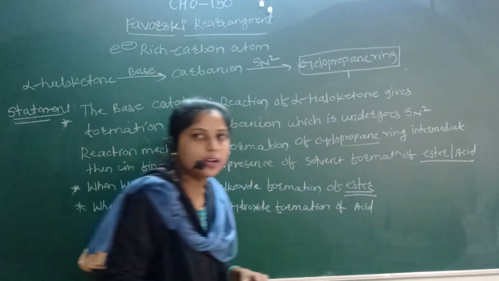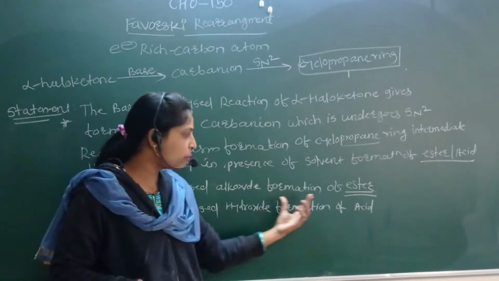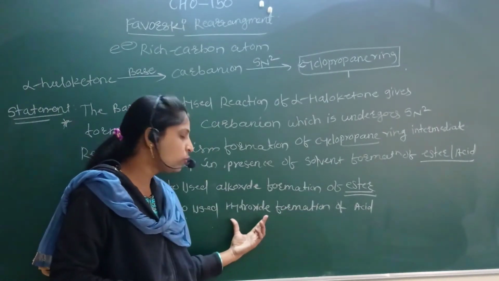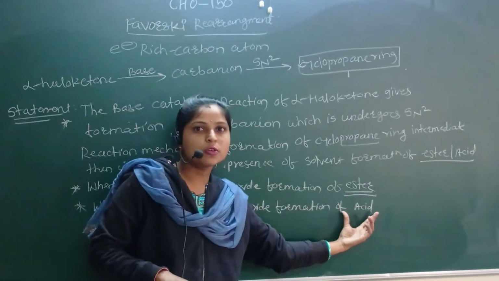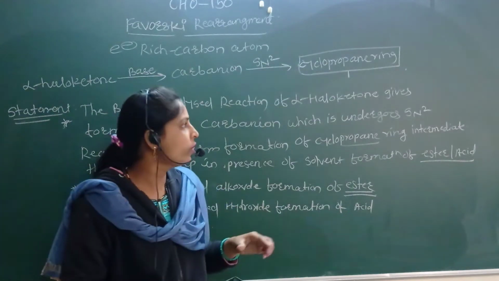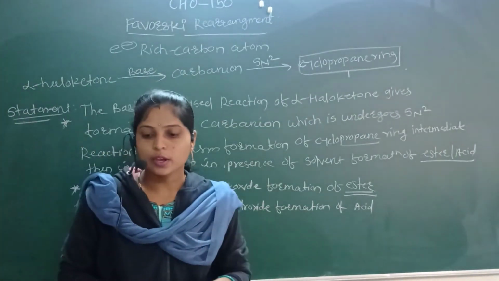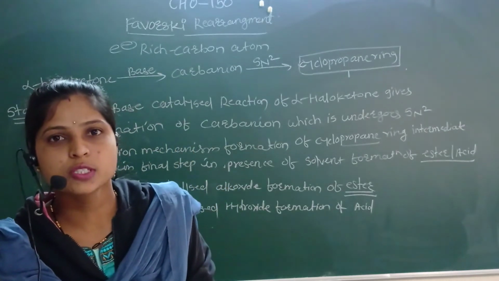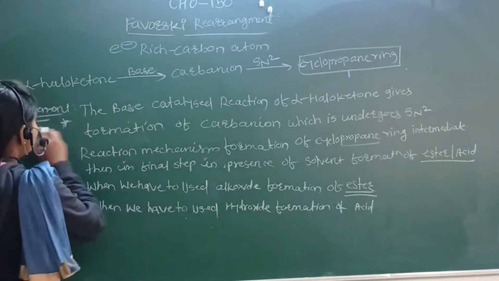So understand, when we use an alkoxide base, the ester is formed, and when we simply use hydroxide or OH minus, then acid is formed as the final product. So formation of the ester or acid depends on the nature of the base. Understand? Okay. In the next step we discuss the detailed mechanism of the Favorski rearrangement.